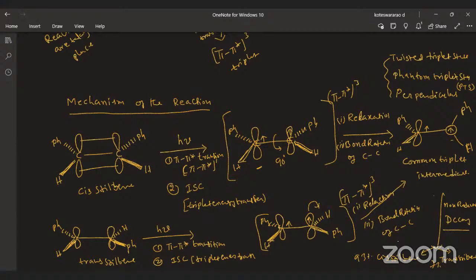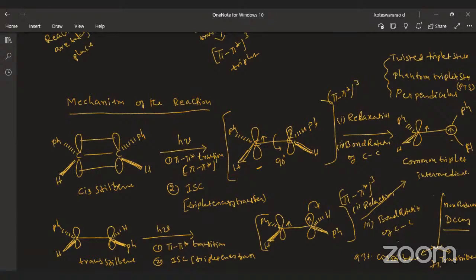Use radiation of a wavelength where the more stable isomer absorbs more strongly than the less stable isomer. I'm again repeating. Therefore, the first one predominantly is the cis isomer for the above example.